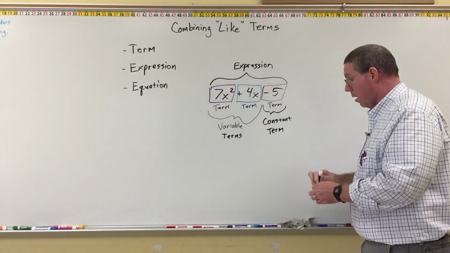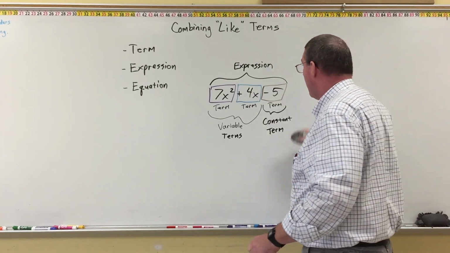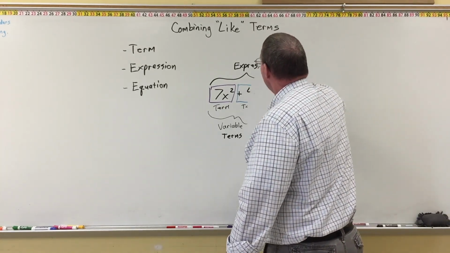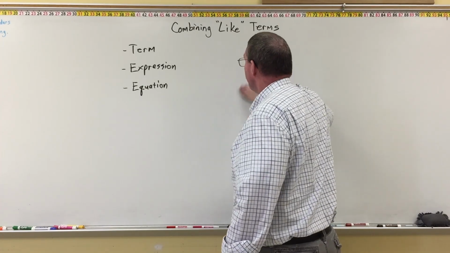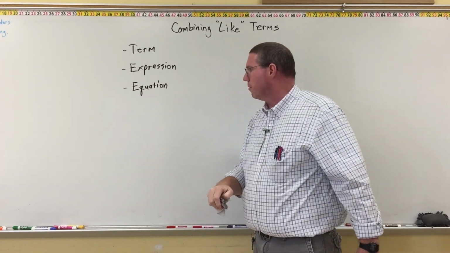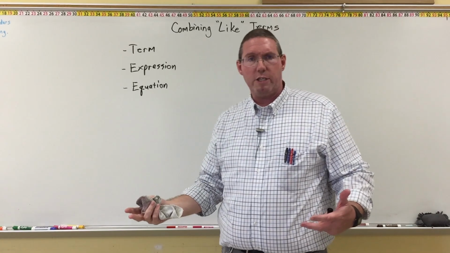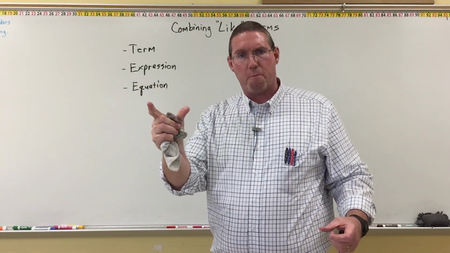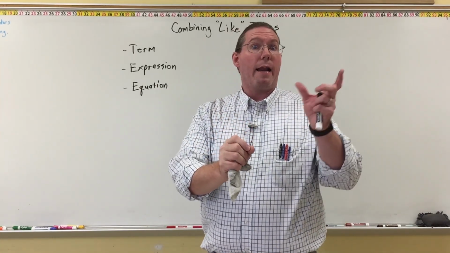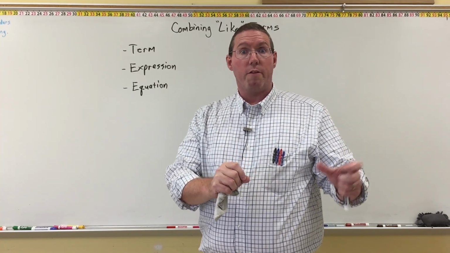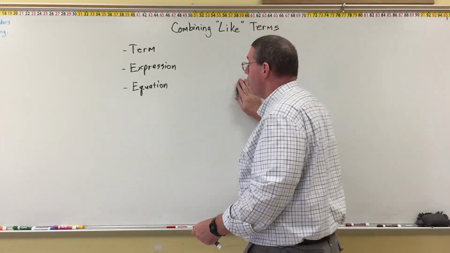So let's get to what it means to combine like terms. What are like terms? Okay. We're not going to get to equation in this particular video, but basically an equation is where you have a mathematical expression with an equal sign and another mathematical expression on the other side of the equal sign. Okay, that's what an equation is.